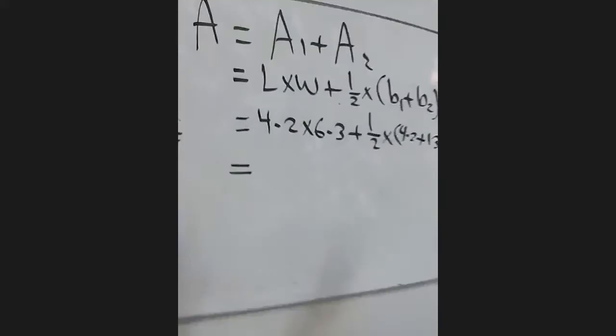Now let's calculate them. Give me a second, mister. Do you understand, Yazan? Yes, mister. Good. Plus half multiplied by 4.2 plus 13.65, multiplied by 4.2 also.